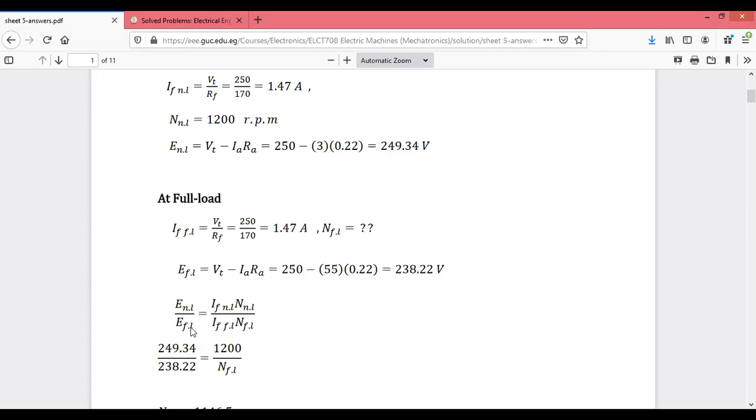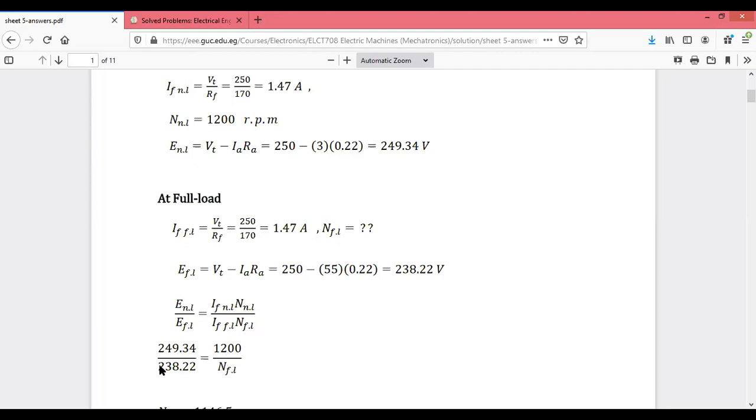If you compare the back EMF for no load and full load, it depends on the current and speed. You can write the equations in terms of current and speed, but the current is the same, 1.47 here and 1.47 here. So you can cancel those and write the EMF for no load and the EMF for full load, which we derived here. Speed for no load is given.